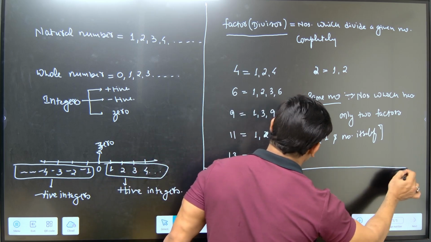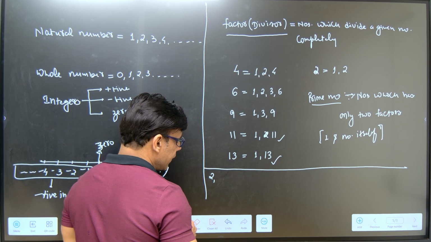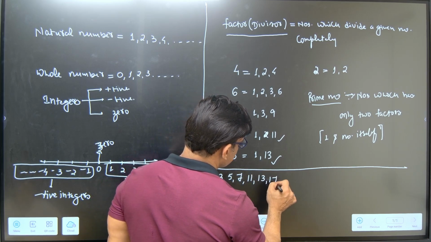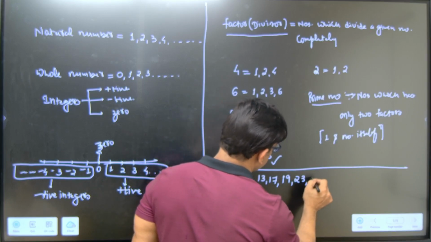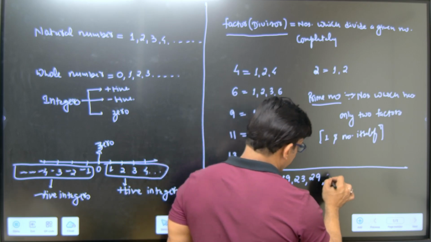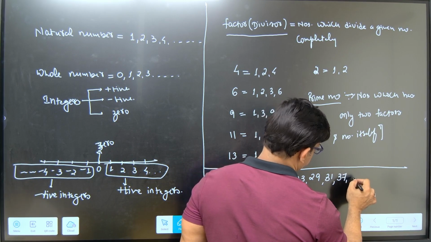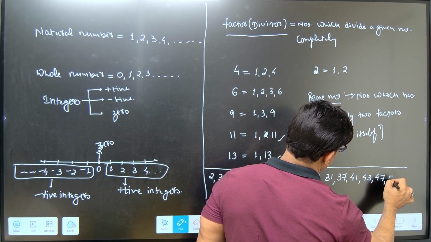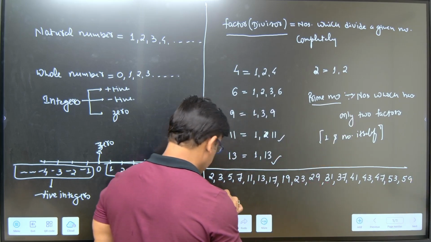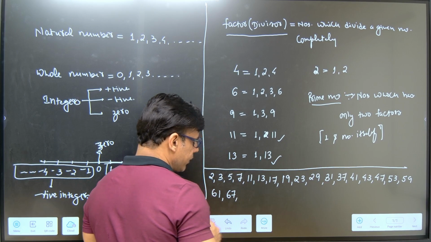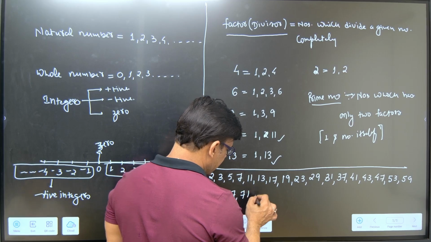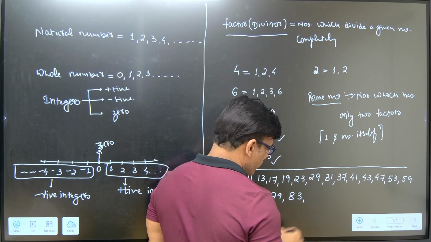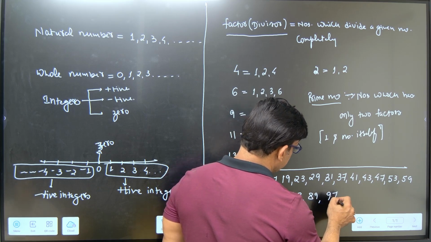So, some prime numbers from 1 to 100 start with 2, then 3, 5, 7, 11, 13, 17, 19, 23, 29, 31, 37, 41, 43, 47, 53, 59, 61, 67, 71, 73, 79, 83, 89, 97.